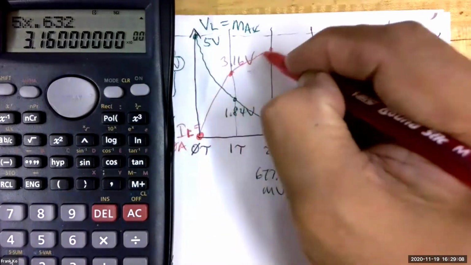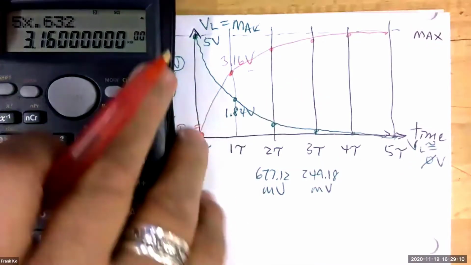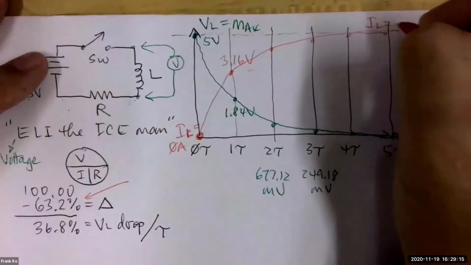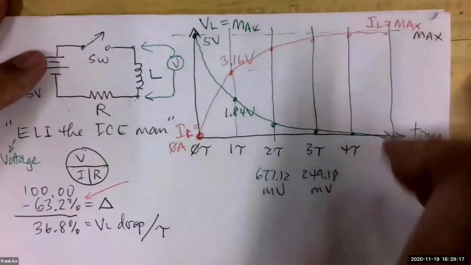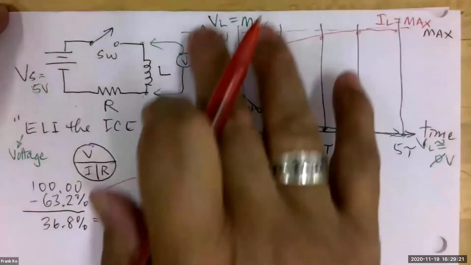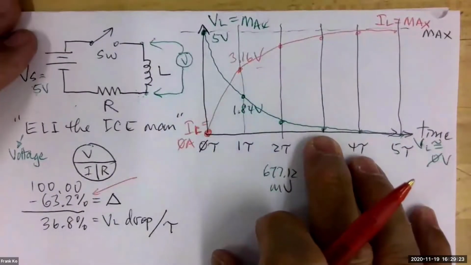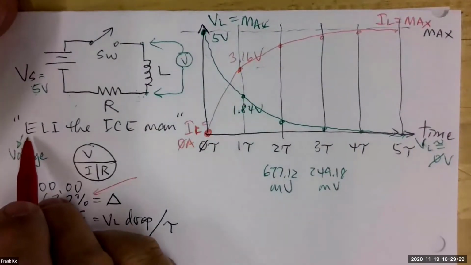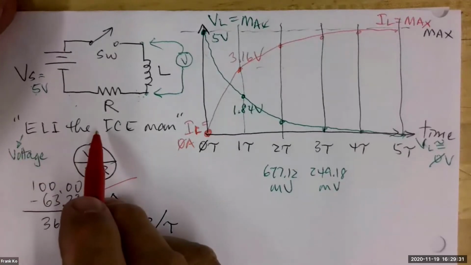And its curve comes up this way. So after 5 time constants, your IL is equal to maximum. So this is the reverse behavior of a resistor-cap combination, as evidenced by our memory tool, Eli the Iceman.